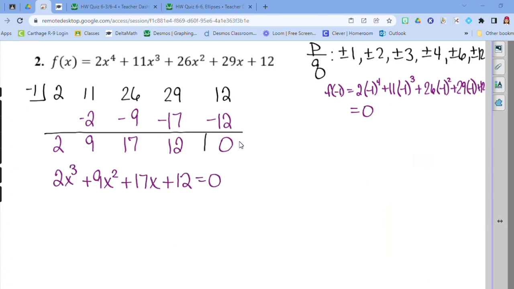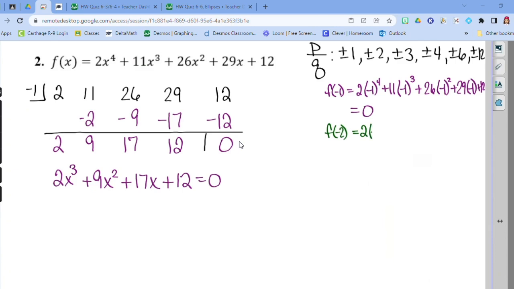I could try negative 1 again. And negative 1 doesn't give me anything, so now I'm going to go with negative 2. And I'm trying it on the new one. There's no reason to go back to the original because I've already broken this down further.